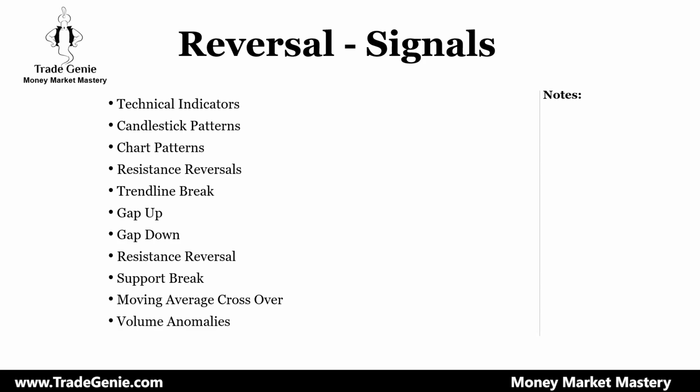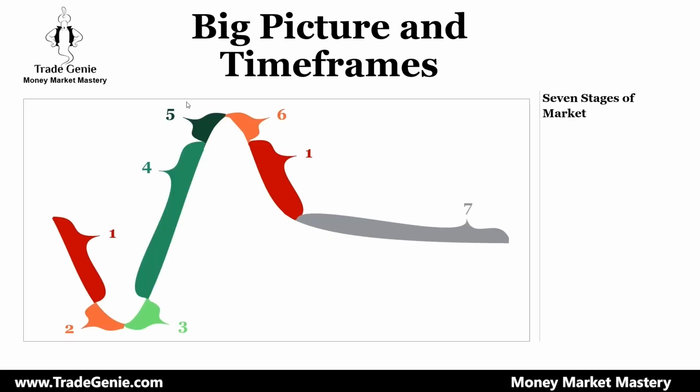So support break, let's analyze it. A strong support, let's say on stage 4, after stage 4 is doing stage 5 and 6, is creating a strong support. It's going up and down, and suddenly it breaks. A support break can be a continuation, boom, boom, boom, like a waterfall decline, or it could be a gap down.